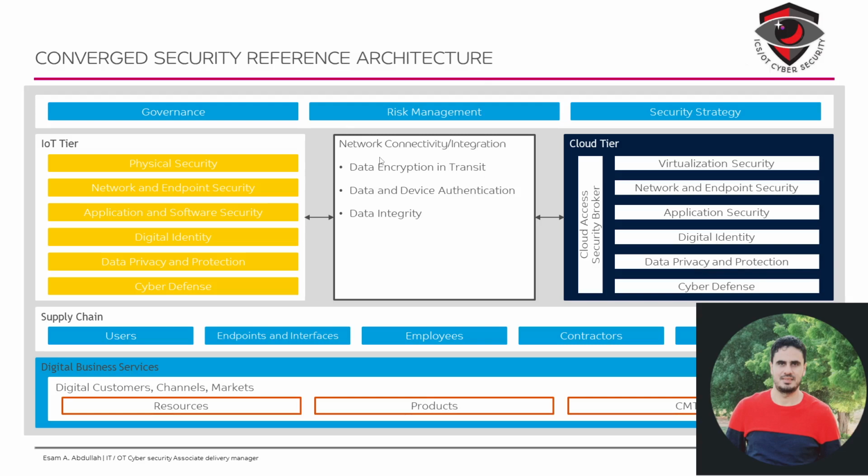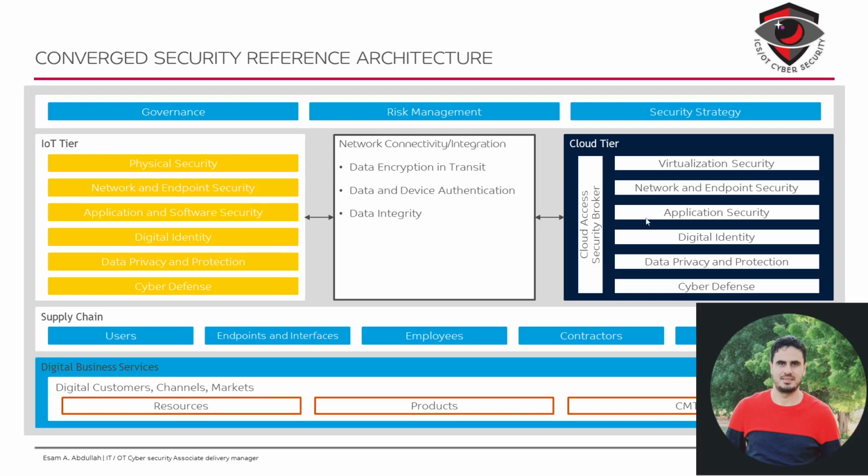And in the middle, there is a network connectivity integration between both tiers, between the cloud and the IoT. And here there is data encryption in transient, as we mentioned on the previous slide, device authentication, and data integrity. In the IoT tier, there are also multiple components: physical security, network and endpoint security, application and software security, digital identity, data privacy and protection, and cyber defense.